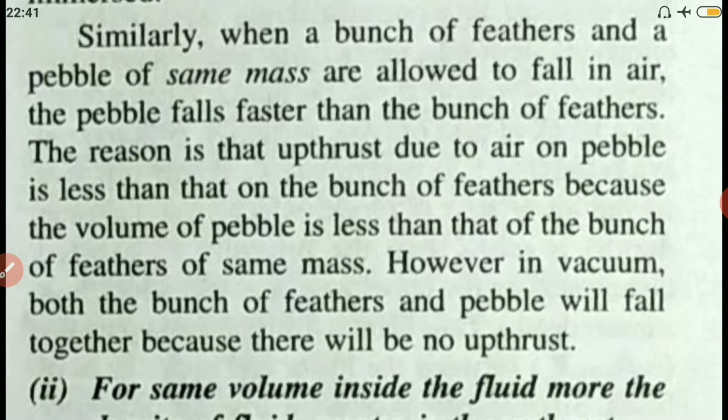The reason is that upthrust due to air on the pebble is less because the volume of the pebble is less than that of the bunch of feathers of the same mass. However, in vacuum, both the bunch of feathers and pebble will fall together because there will be no upthrust. No air, no fluid, no upthrust.